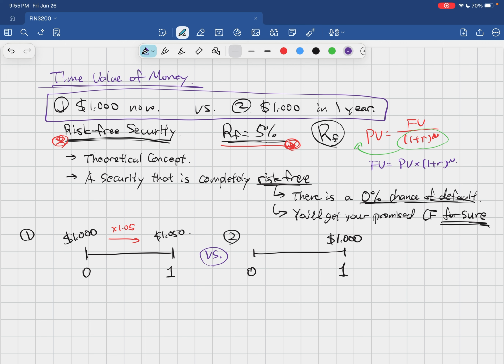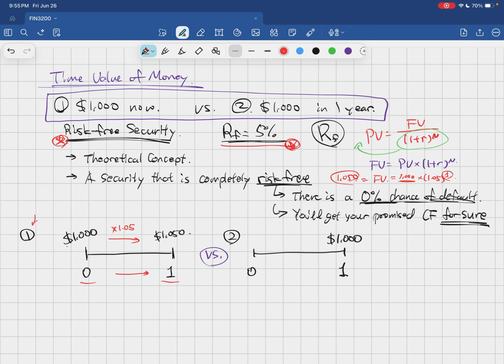Here in option 1, the PV is the $1,000 that occurred in year 0, and the risk-free rate is the R, 1.05, and the n is 1, because we're trying to convert it into time 1. So the future value can then be calculated as 1050.